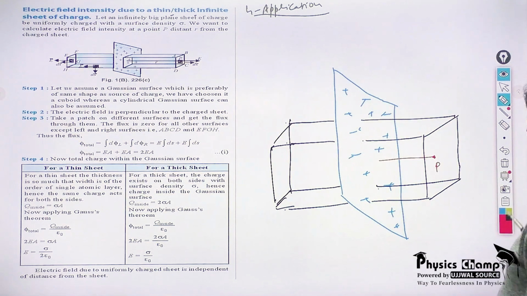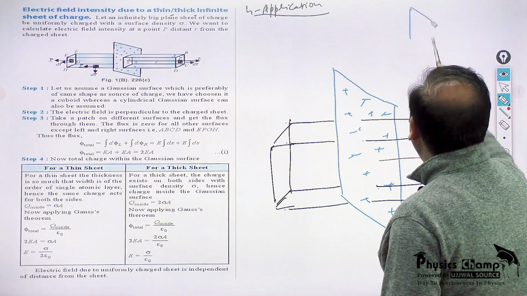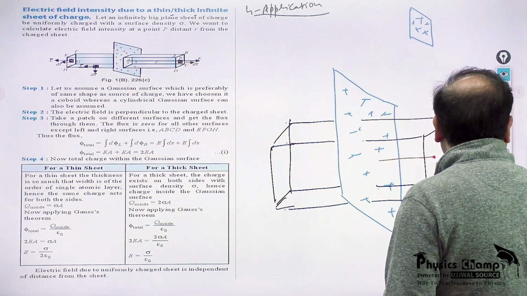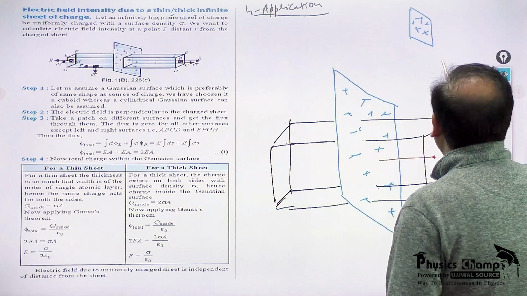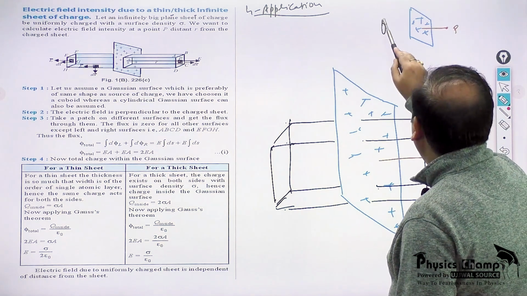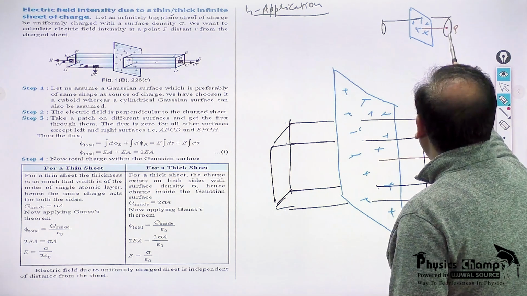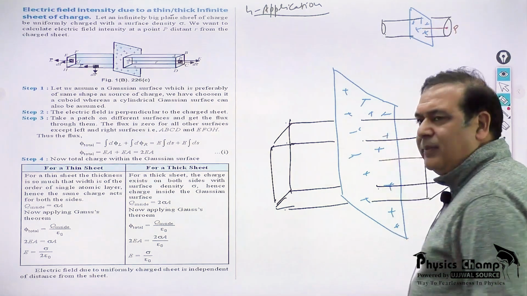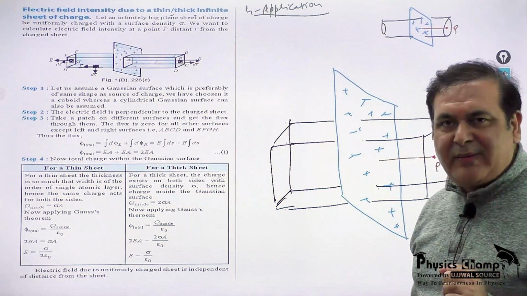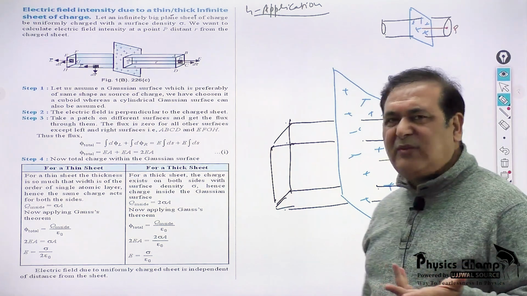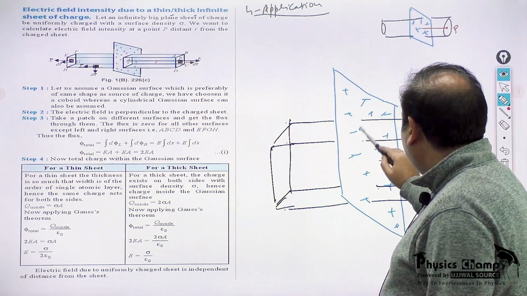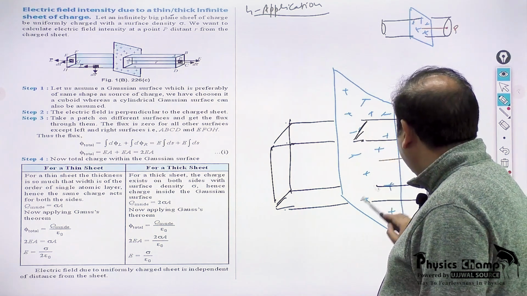In some books you may observe that the Gaussian surface for the point P is taken to be a cylindrical shape. There is no problem in taking this also. It will be relatively easy to draw, but it is just only the first time. Once you have practice drawing this also, you can do it, no problem.